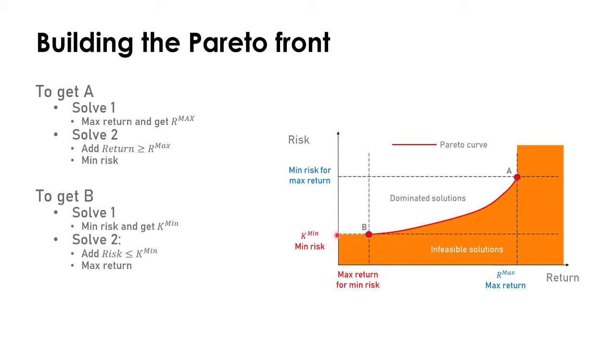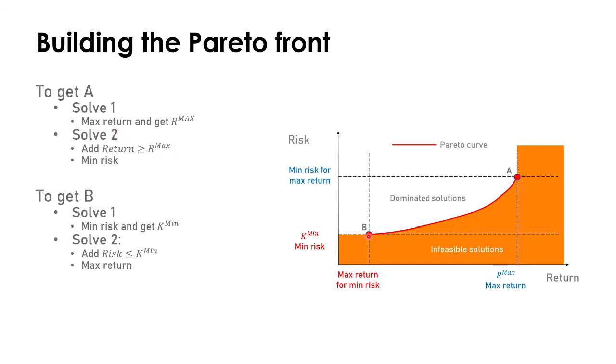And we are sure we're going to get solutions in this horizontal line. And as we maximize the return, we will move towards point B. So with those two pairs of solves, we get points A and B.